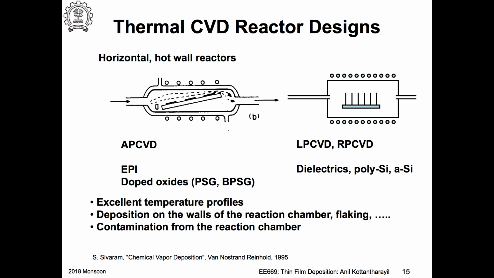The problem here is that you are heating the whole reactor. The wafers will be at some temperature, and more or less the same temperature would be there at the walls. So whatever gets deposited on the wafers also gets deposited on the boat and the furnace walls.